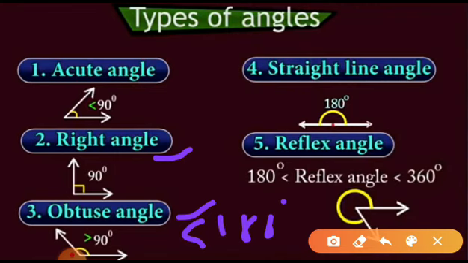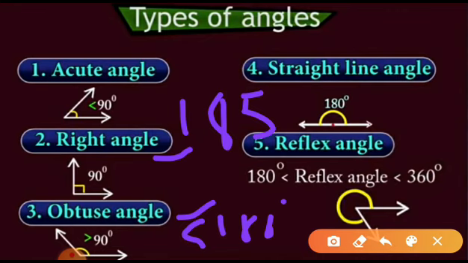Next is the reflex angle. Reflex angles are the angles whose measurement is greater than 180 but less than 360. If I say an angle of 185, I cannot call it an obtuse angle, because an obtuse angle should be greater than 90 but less than 180. Since 185 is greater than 180 and less than 360, it is a reflex angle.